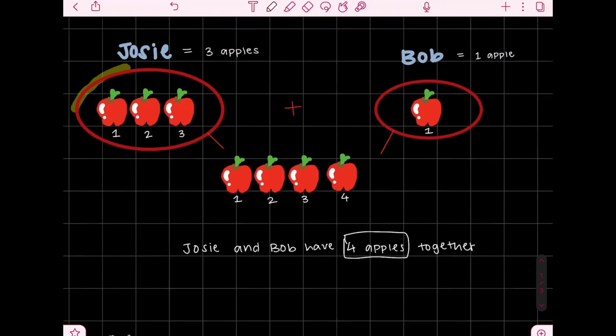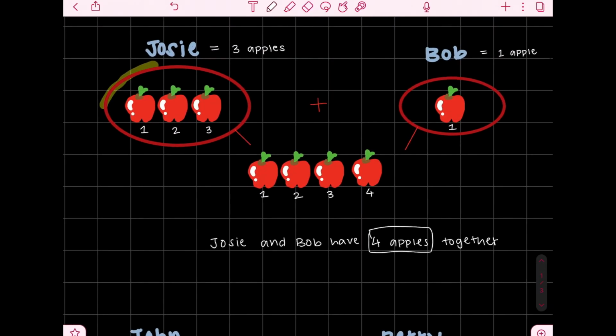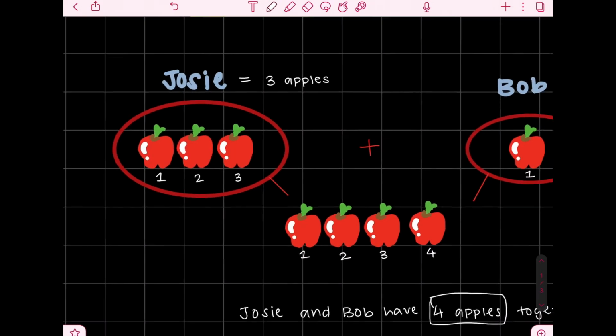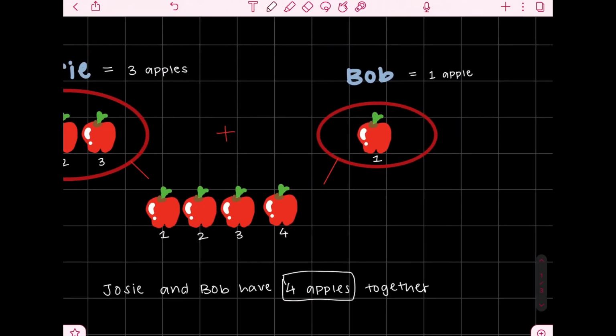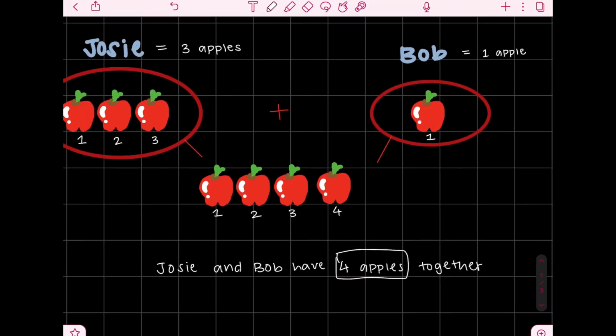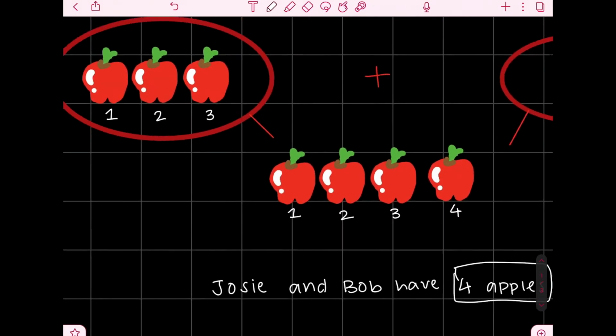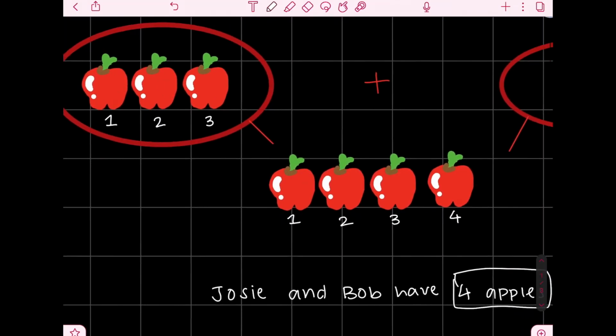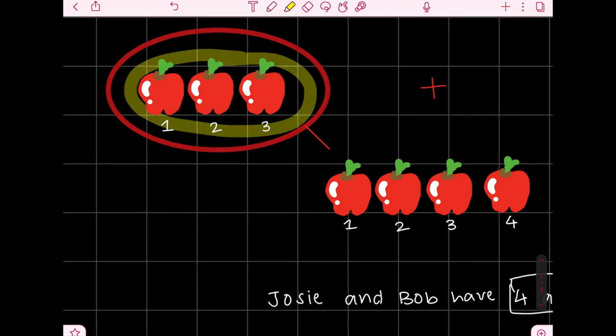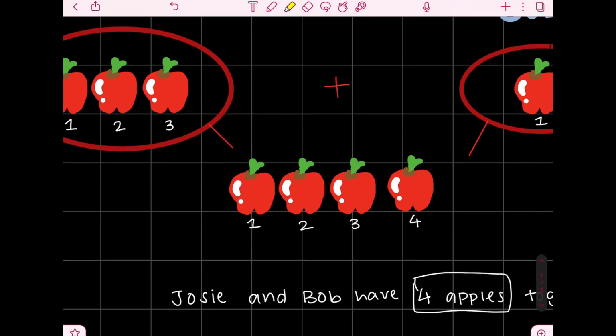Okay, so let's review the problem that we just did. So Josie, she has 3 apples. Bob has 1 apple. What we did in order to find that they both had 4 apples was we added the 3 apples to Bob's 1 apple. So when we did that, we brought these 3 apples over here.